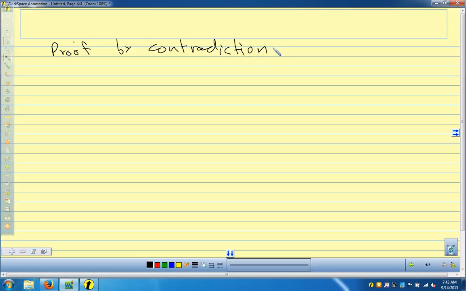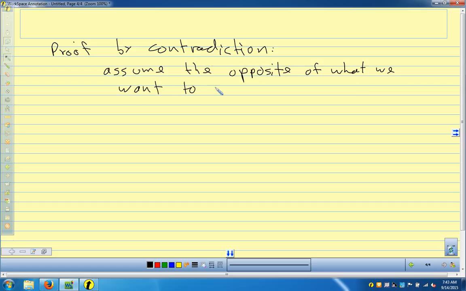What we do with a proof by contradiction is that we assume the opposite of what we want to show, and then show that this leads to a contradiction.